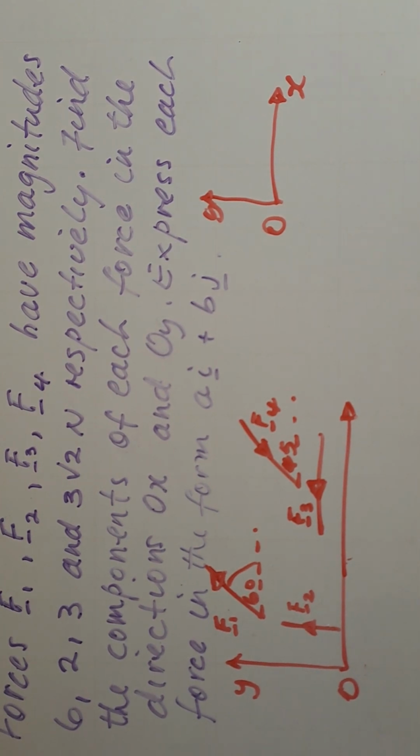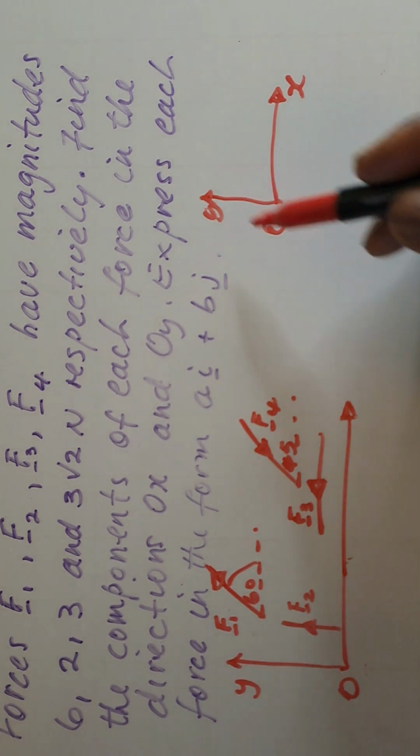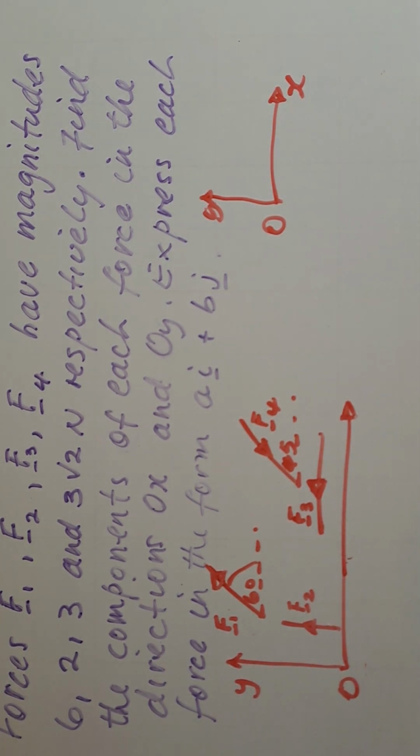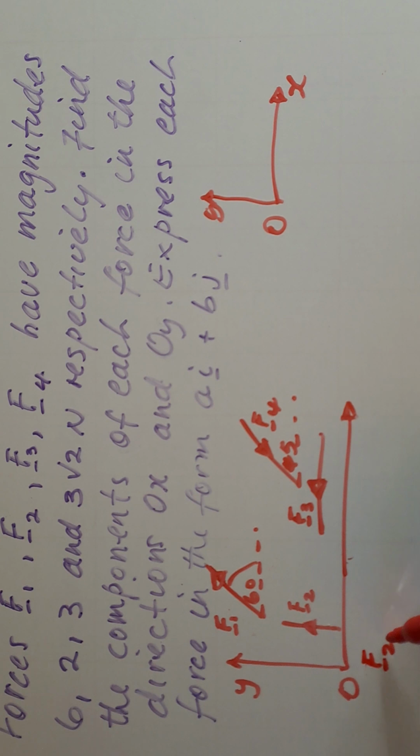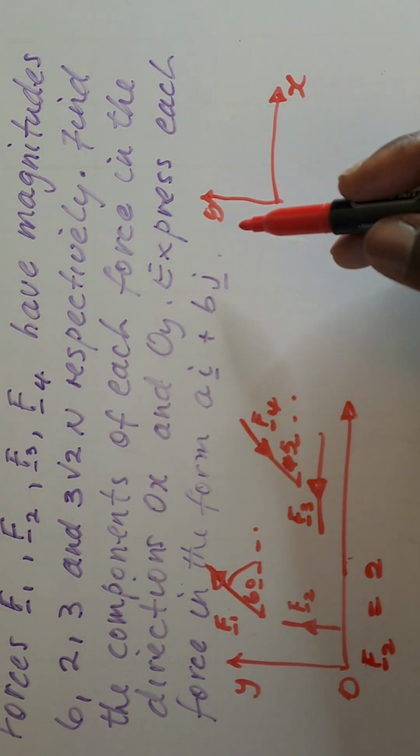Next we have the force F2. Now F2 is acting in the direction OY, so that's positive, and it's 2 newtons. So F2 is simply 2 newtons in the j direction.